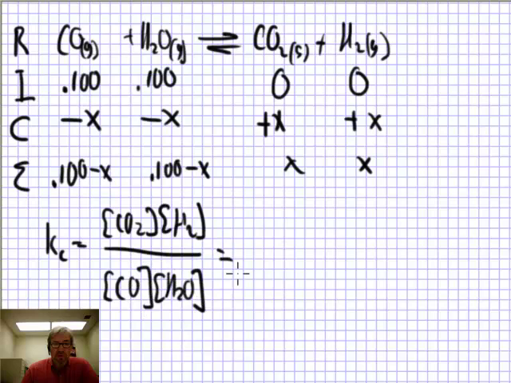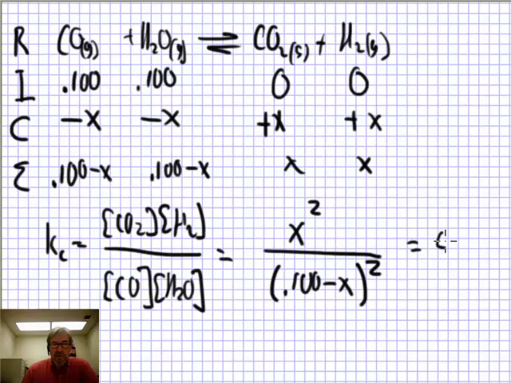But in terms of our chart, CO2 and H2 are both x's, and so x squared is my numerator. And the concentrations of CO and H2O are both 0.100 minus x, so (0.100 minus x) squared is my denominator. And that's equal to 4.06, because that's what Kc is.